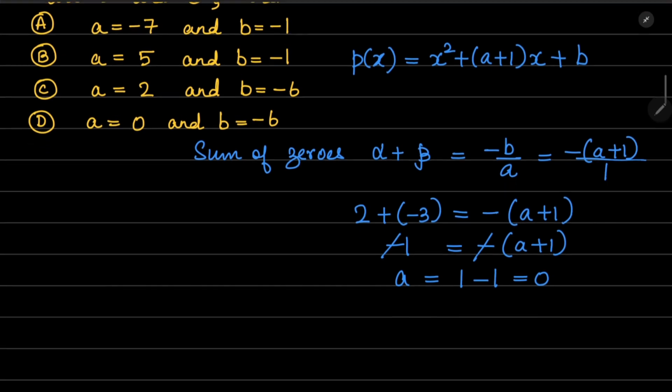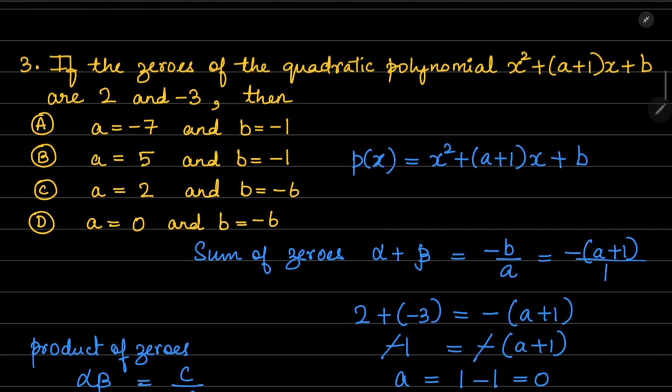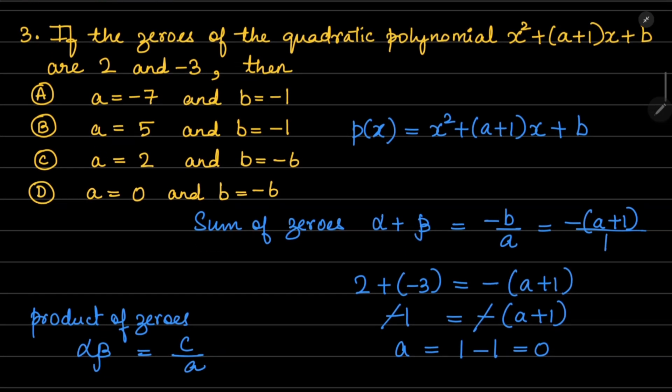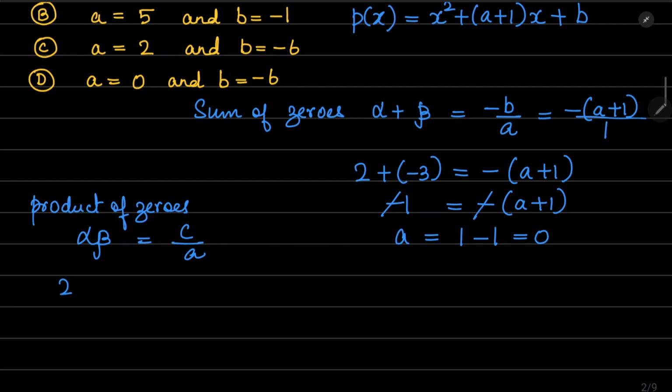What is the product of the zeros? With respect to the product of zeros, we know the formula alpha beta is equal to c by a. What is alpha into beta? Just the product of 2 and minus 3. So 2 into minus 3 is equal to c by a.